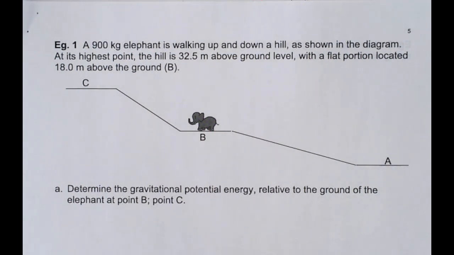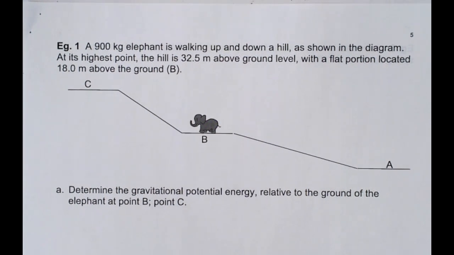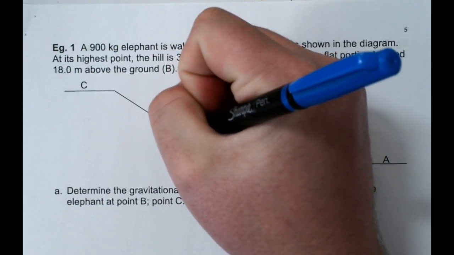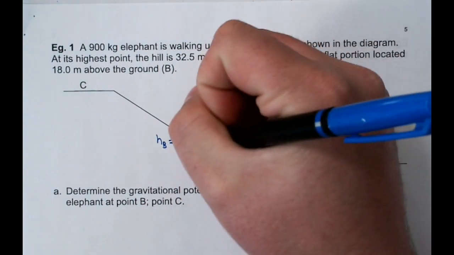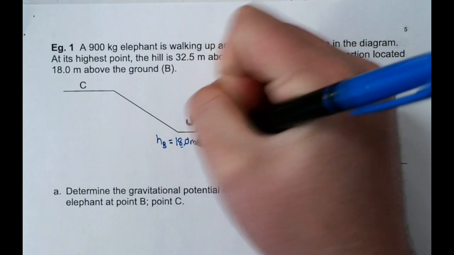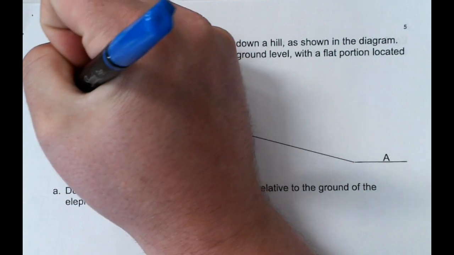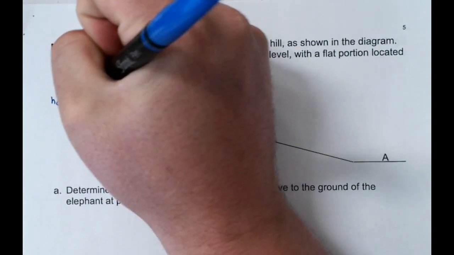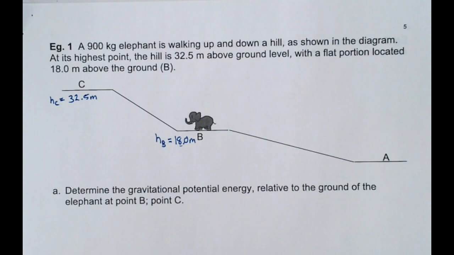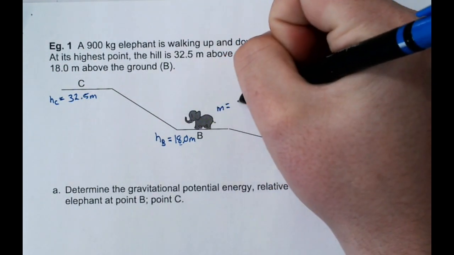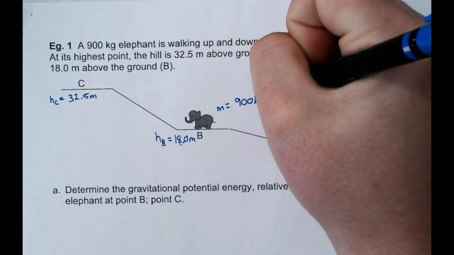At its highest point, the hill is 32.5 meters above ground level, with a flat portion located 18 meters above the ground, which is point B. So the height at point B is equal to 18 meters, and its highest point is at C, which is 32.5 meters. The mass of this elephant is equal to 900 kilograms.